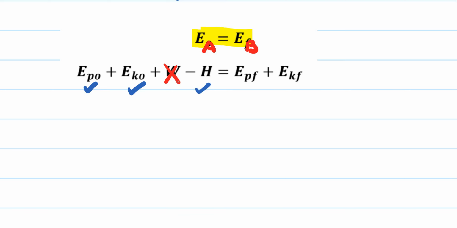At the end, we have kinetic energy from the final speed, but no potential energy at position B because there's no height.